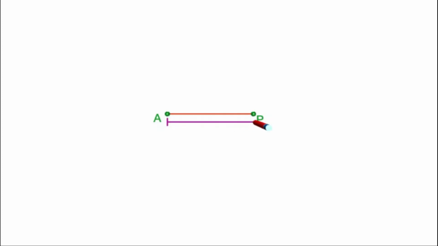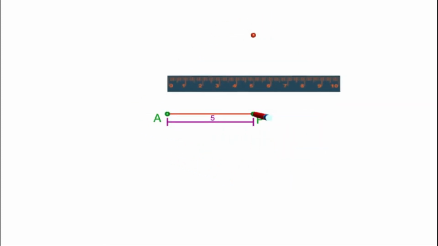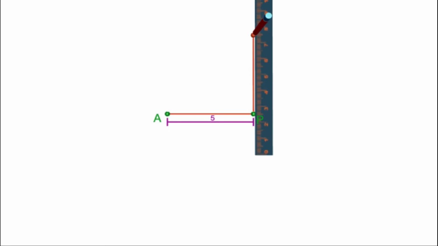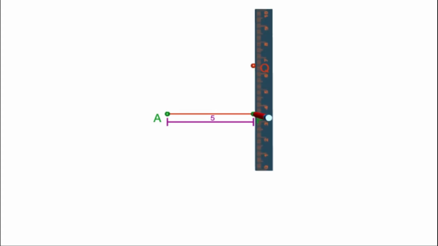Now take 90 degrees at P and draw a line. Mark a point 3 cm away from P. Let it be Q. Join PQ, that is the breadth of our rectangle.